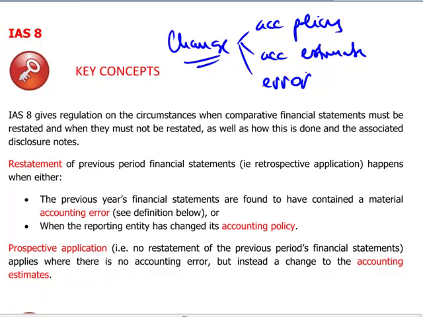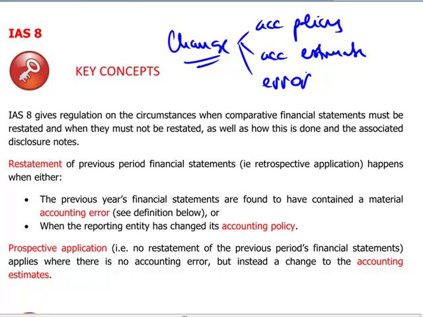The problem appears that this application cannot be from the moment of change onwards, because in this way I will lose the comparability in the financial statements. So common sense will tell us in the exam to go back and restate the prior year figures to the earliest possible period in order to restate the data as if the new accounting policy was in place, even in the prior periods.